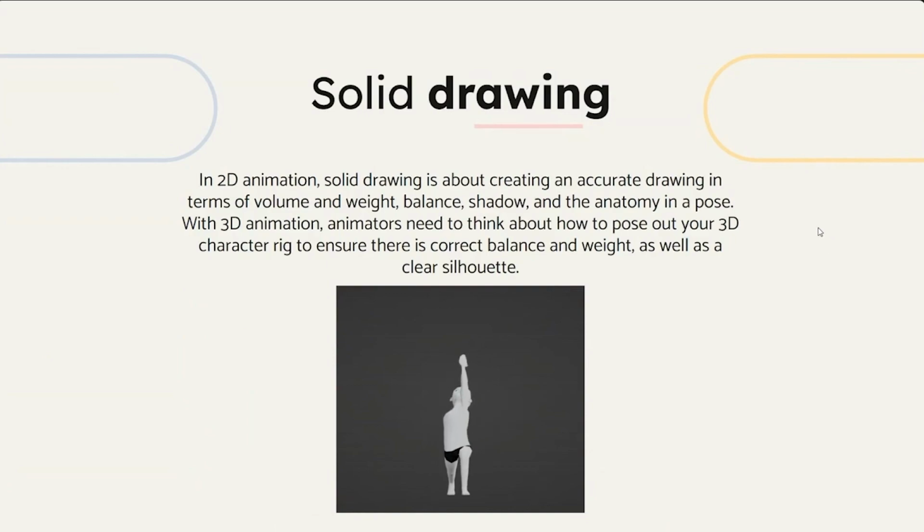Solid drawing is also very important in 2D, and I wouldn't say that much in 3D, but we could translate this concept as knowledge of anatomy and how to pose properly when you have weight, how you distribute weight when you're having a pose, because you gotta have a clear silhouette.